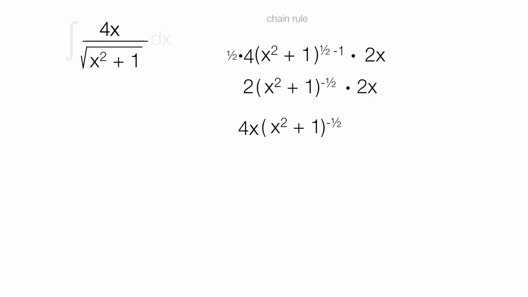Now I have 4x divided by the square root of x squared plus 1. Anything raised to the 1/2 power is the square root of, and since it's negative, I put it in the denominator. So look at that. That's the right answer.